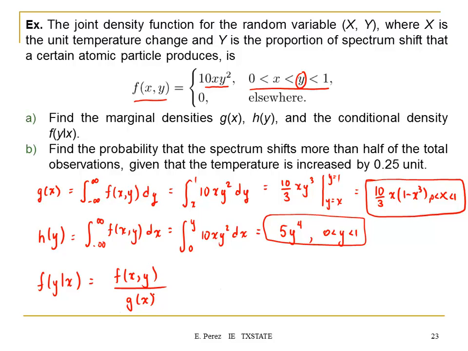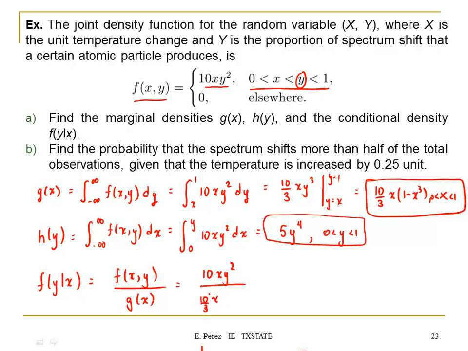Well, we know that by definition. So the only thing you have to do is to substitute the function of the joint probability distribution, which is 10xy squared, divided by the marginal of x.